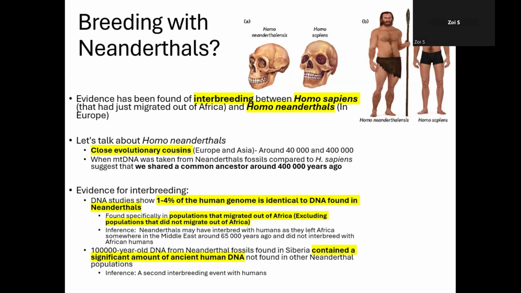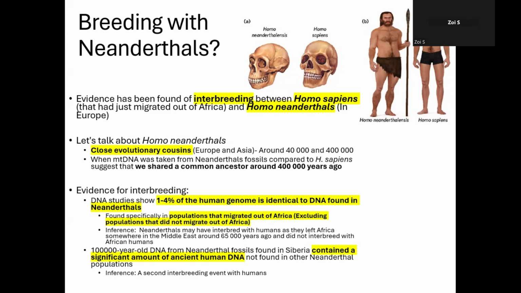And when we compared their mitochondrial DNA, we were able to find that we shared a common ancestor about 400,000 years ago. Basically, that is when we diverged from our common ancestor to become Homo sapiens and also Homo neanderthals, right? So our last common ancestor was 400,000 years ago.